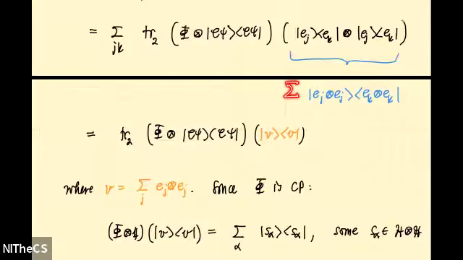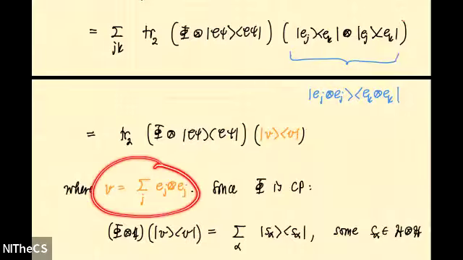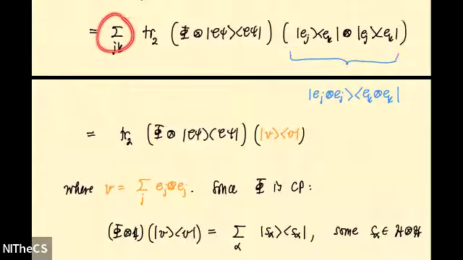And so I can take the sum over the J here and the sum over the K here. That's what I did here. And if you call the sum over all the indices of EK the vector V, then these sums here just give you VV. So you have trace 2 of this tensor applied to VV.